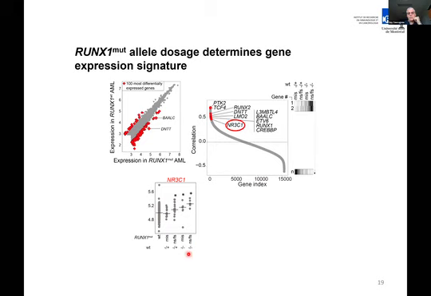For example, if you have a nonsense or frameshift, you have higher levels of glucocorticoid receptor, whereas if you just have a missense allele, heterozygous, you have a tendency to express lower levels of the glucocorticoid receptor, called NR3C1. So NR3C1 is obviously part of the signature that Laura identified.